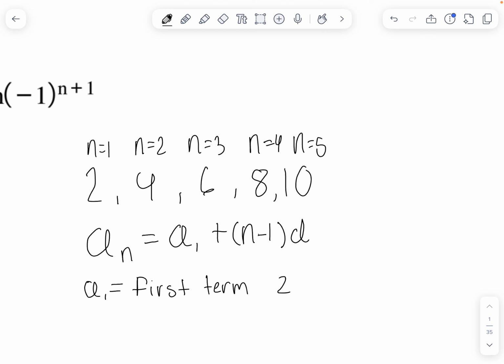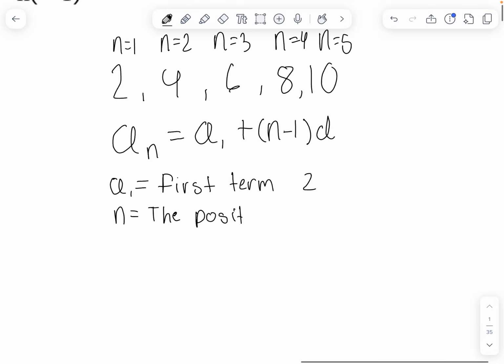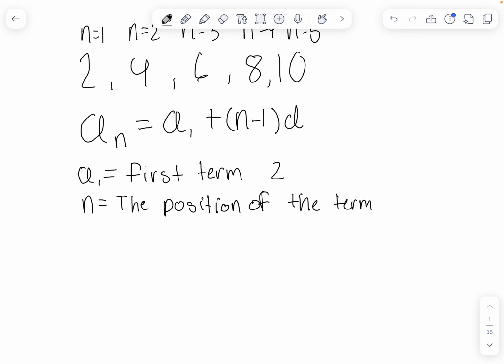So for our case, the number 2 is the second number in the sequence, hence it is n equals 2. So n is just the position of the term. And finally for d, d is the common difference.